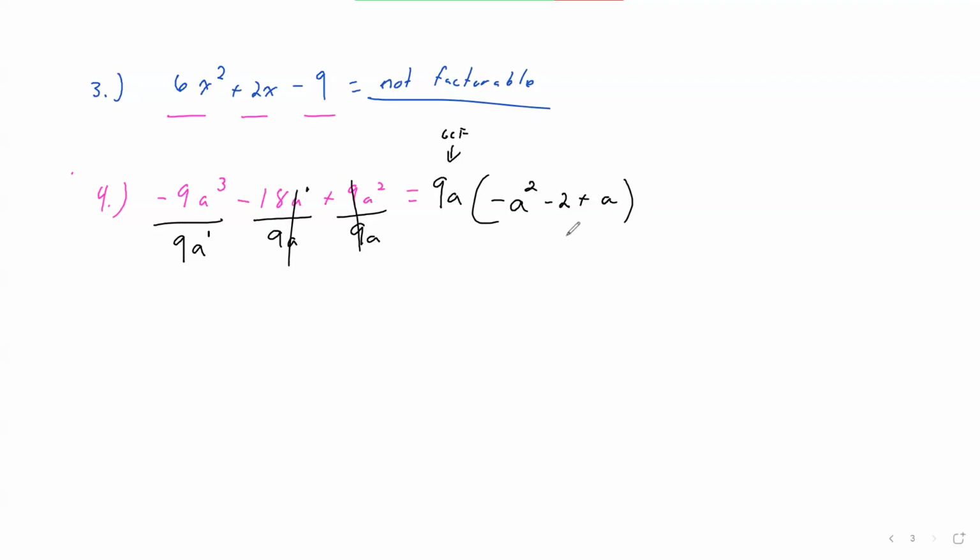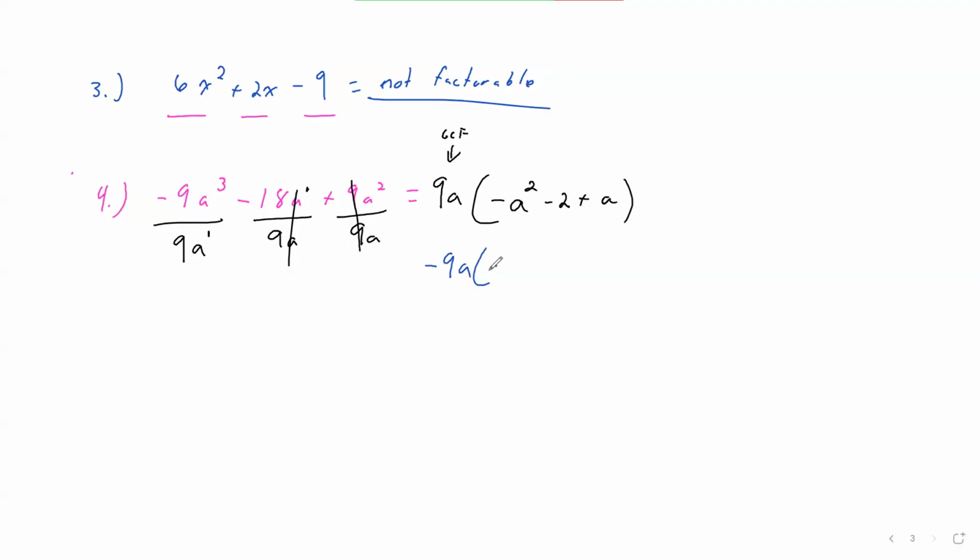Now on this one, you actually have two answers that you could have chosen. I think the homework accepts both of them, to my knowledge. If the leading term is a negative, you can factor the negative out with the number. So another answer that you could have gotten is negative 9a, and then you would have changed all the signs.